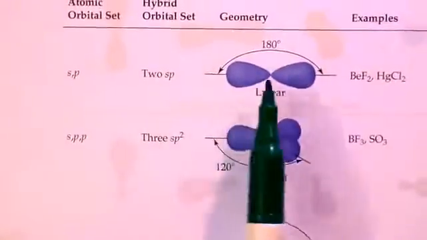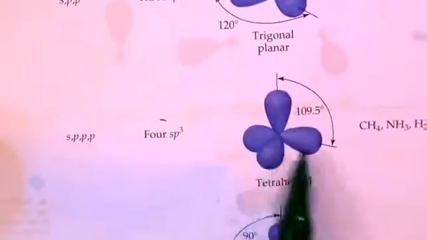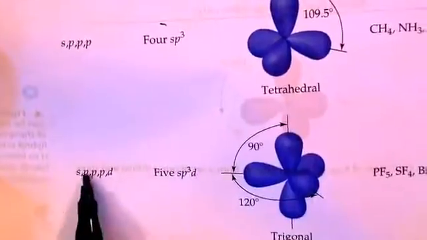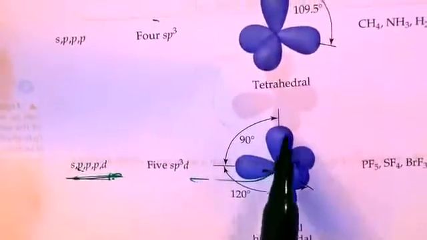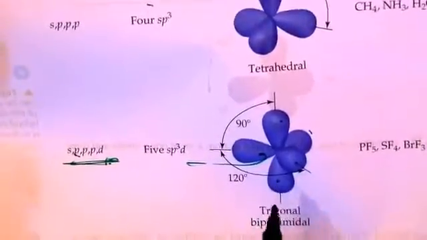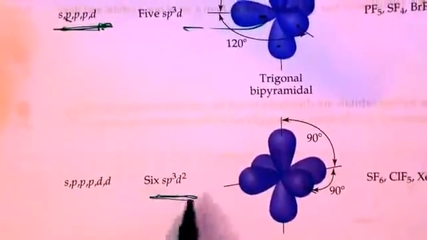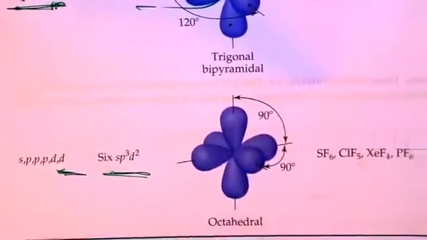Here's the sp hybrid orbitals, sp2 hybrid orbitals, sp3 hybrid orbitals giving the tetrahedral, and this is the sp3d. Since we ran out of p orbitals, now we have to go in and grab a d, and so it's called sp3d hybrid orbitals, giving us the trigonal bipyramidal organization. And then lastly, sp3d2, we can add 2 d orbitals there to give us the octahedral electron domain geometry.